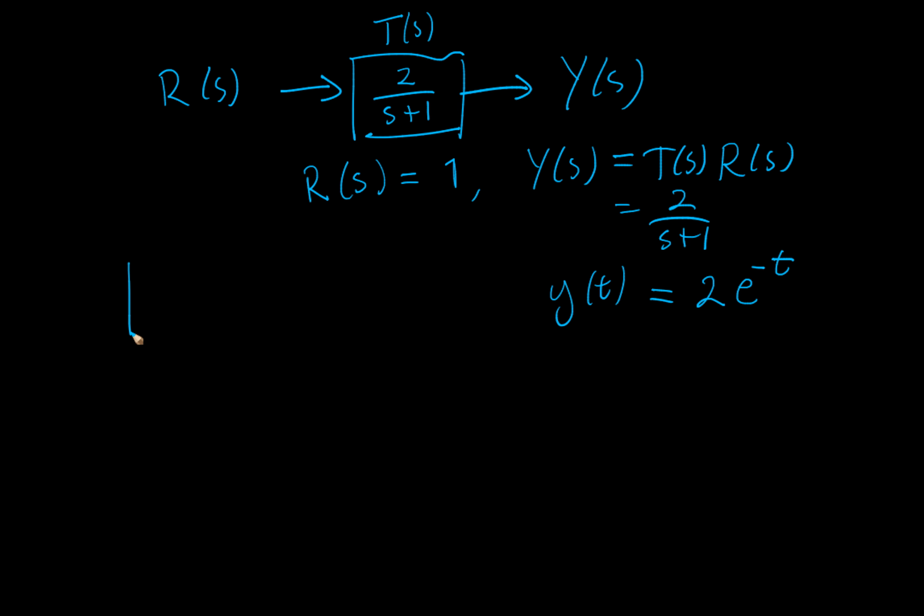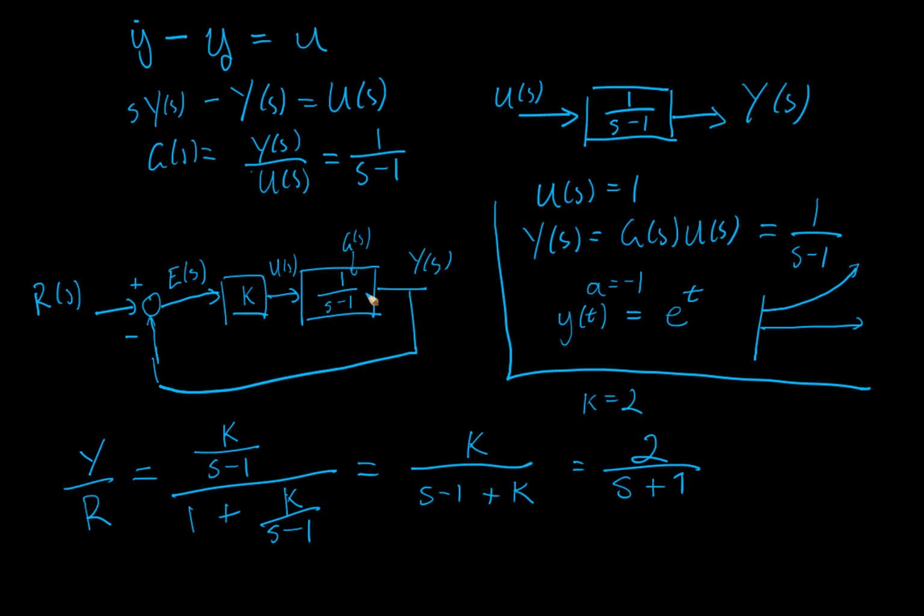And so this is going to be a time response which starts at 2 and goes towards 0. Sorry, I didn't draw that so well, but that's something which converges exponentially to 0. So now, starting with an unstable system, this differential equation, with an impulsive input, the output shoots off to infinity. By putting it inside a feedback loop, we've actually stabilized it.